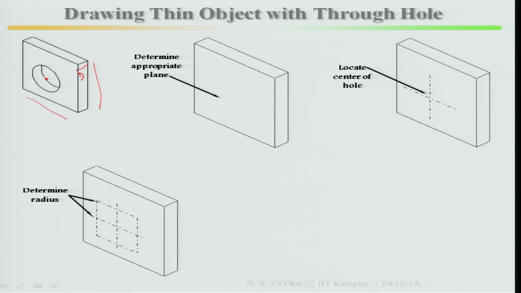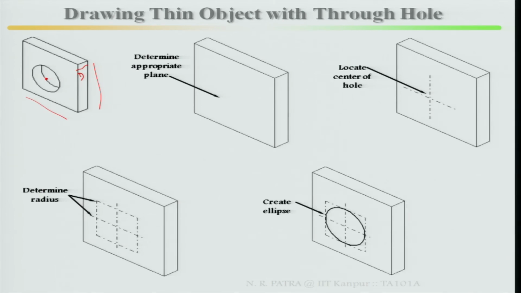Then determine the radius. From this you can take the measurement of your radius. With respect to the radius, you can prepare 4 quadrants, or maybe a parallelogram can be drawn. And once you determine the radius, then create the ellipse by means of exact methods or approximate methods.